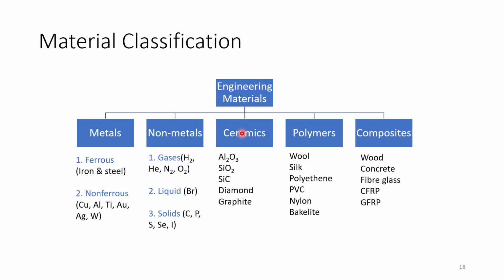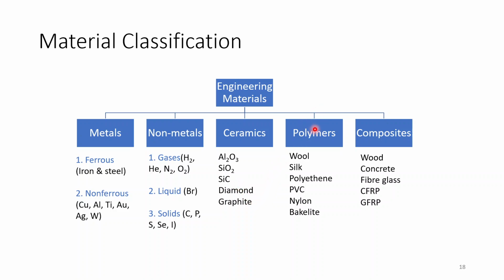In case of ceramics, these are basically materials which can withstand very high temperatures, and these are oxides, nitrides or borides, or even some elements as well. For example, diamond and graphite are elemental forms of carbon. First we have alumina, silicon oxide, silicon carbide.